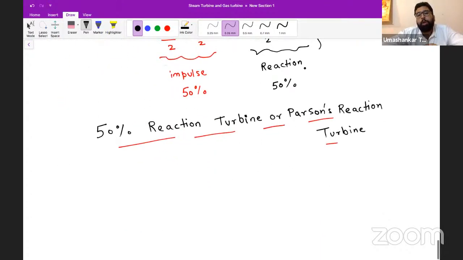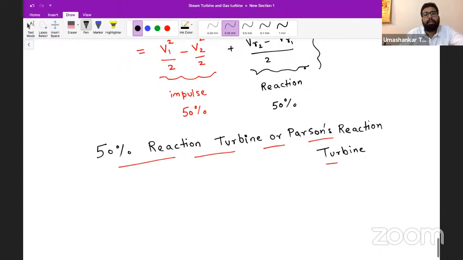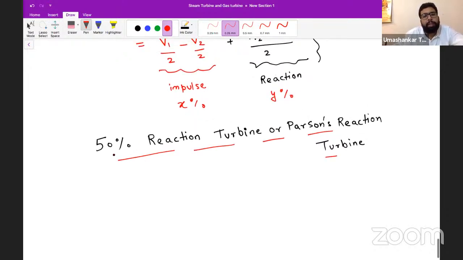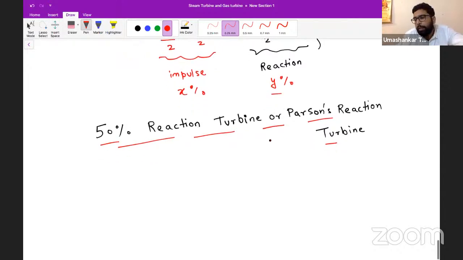So don't have any confusion here. Let us say this might be X% and this might be Y%. If this impulsive effect percentage is 50% and this percentage is 50%, then you will call it a Parsons turbine.